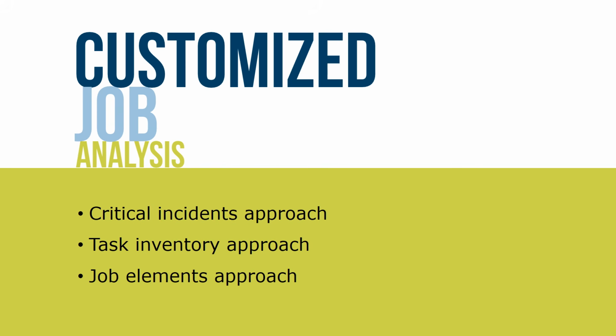The task inventory approach focuses on collecting information to identify the tasks that are necessary to successfully perform a job. Finally, the job element approach focuses solely on analyzing the employee competencies that are necessary for successful job performance rather than the tasks to be performed in a job.